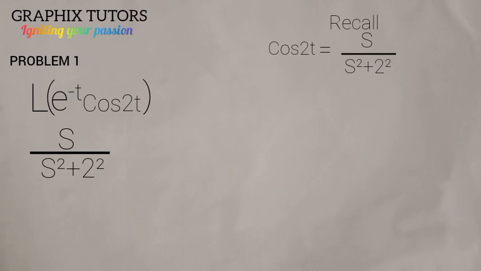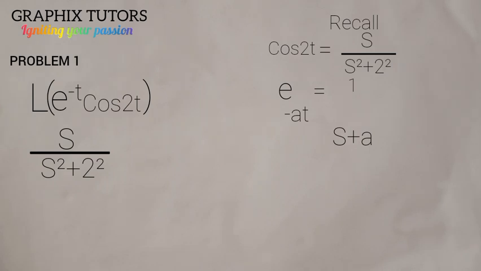Now, if you look at what is in front of the cos 2t, what is behind the cos 2t? It is e to the power of minus t. And we have a relationship: when you have e to the power of minus at, it is going to give us 1 all over s plus a.